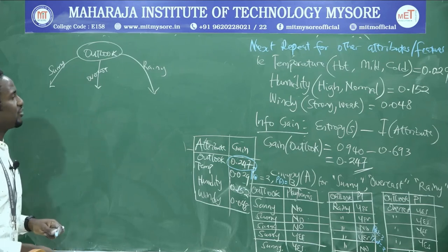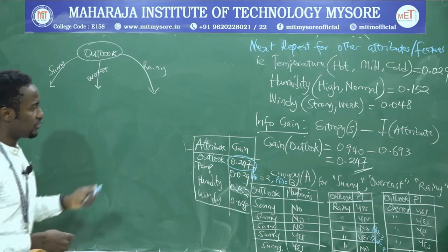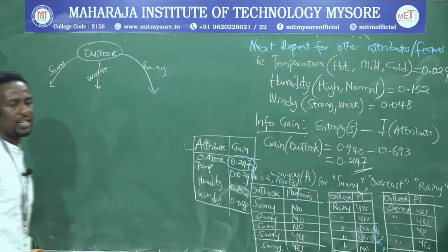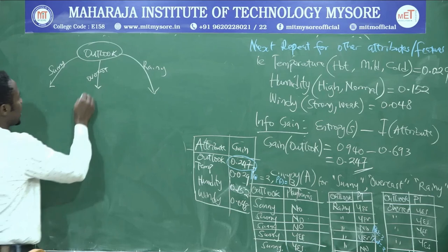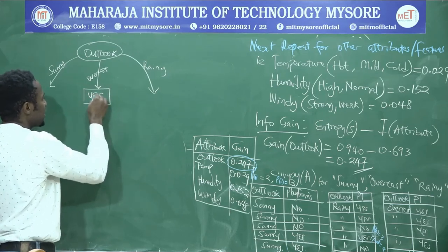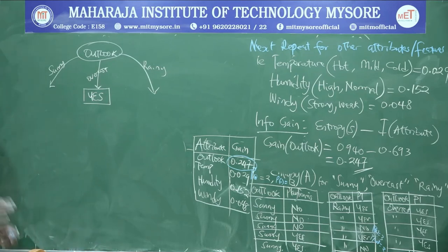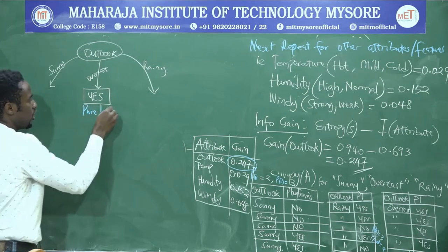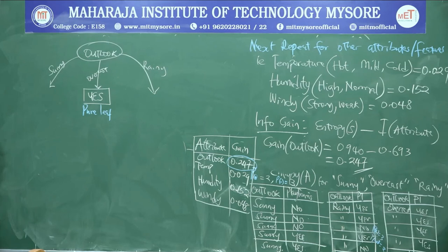Why do I say that overcast doesn't require branching? Because if you check, overcast has only one instance, which is positive. So overcast has reached the pure leaf node, which is yes. We don't need any further splitting. Now, how about sunny and rainy?